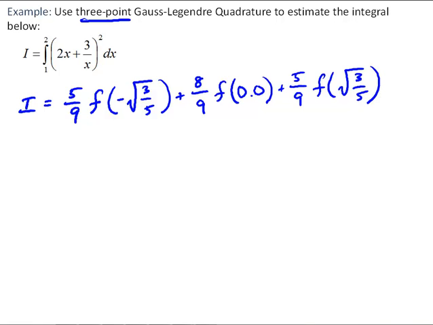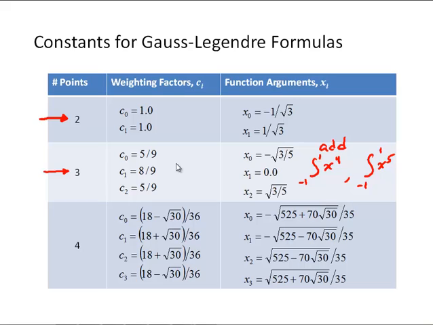So again, those results are just coming from this table here. There's the 5/9, 8/9, 5/9, and here's the x locations where we're taking those function evaluations.